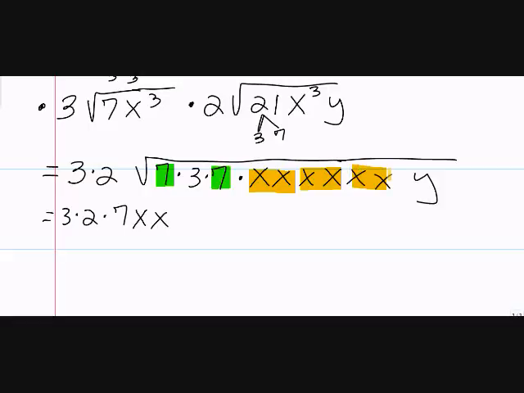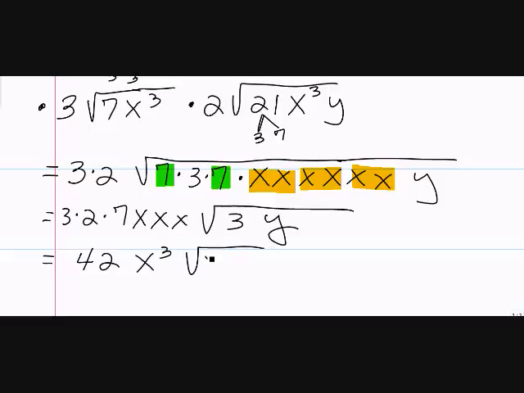And 2 more x's for another x. And left inside the radical, I only have a 3 and a y left. So simplifying the outsides, I have 3 times 2 times 7, which is 42. I have x times x times x, which is x cubed, times the square root of 3y.